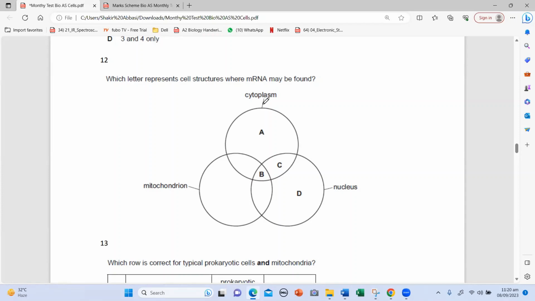Remember, mRNA is made from DNA. So if it is made from DNA, that can come out to the cytoplasm in eukaryotes. But in prokaryotes, it will already be there in the cytoplasm. Got it? So the answer for 12 is what? Beta.